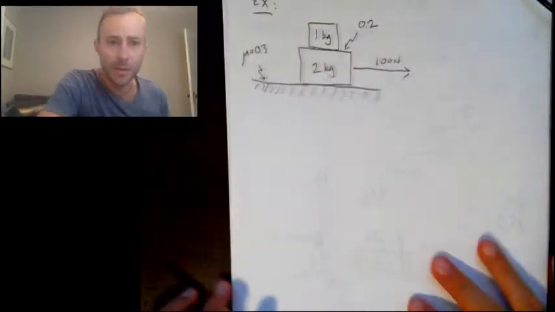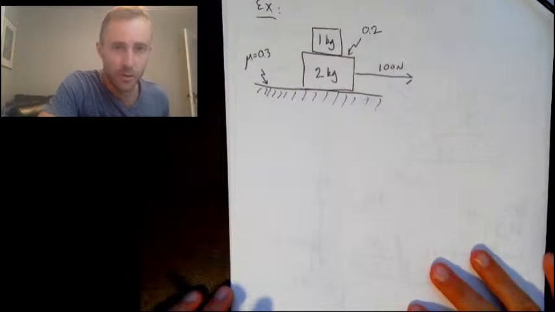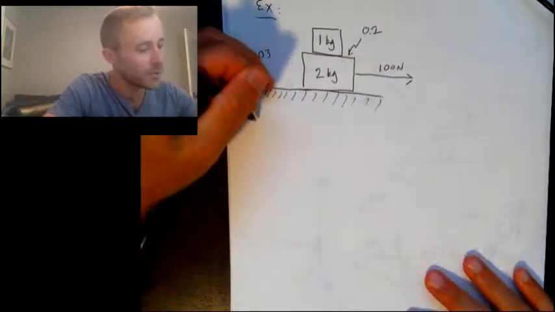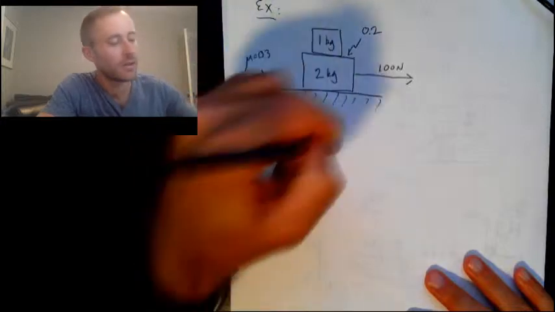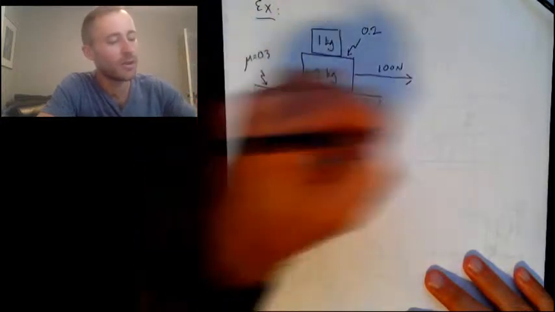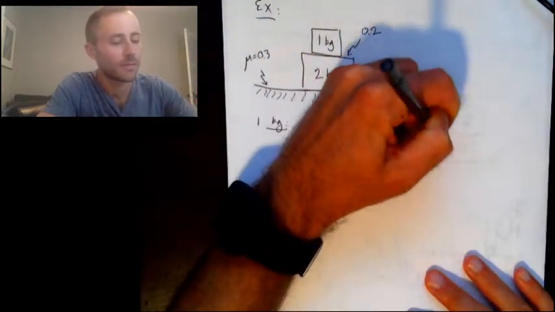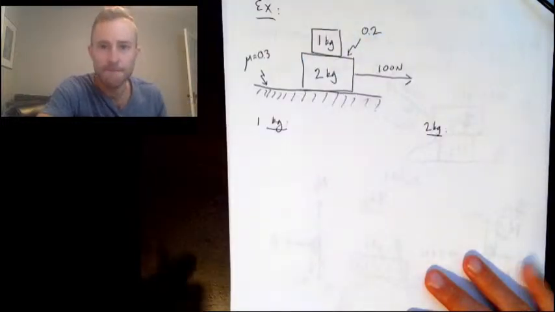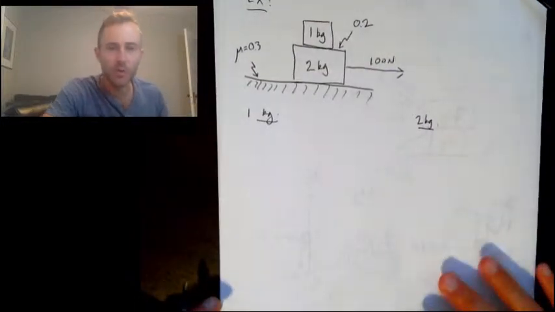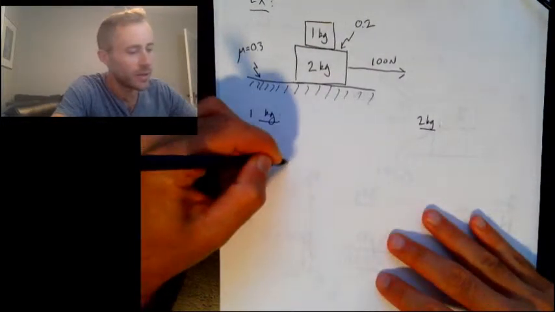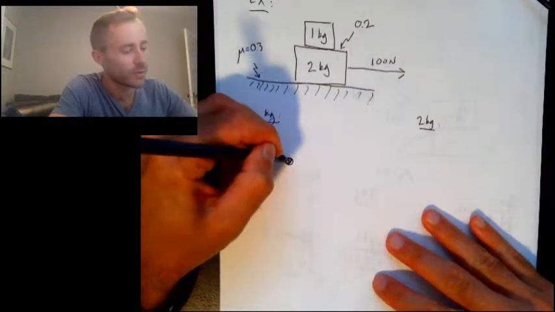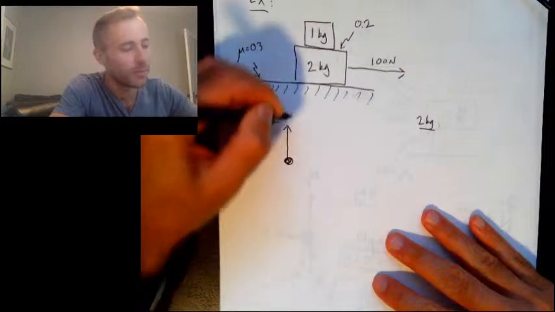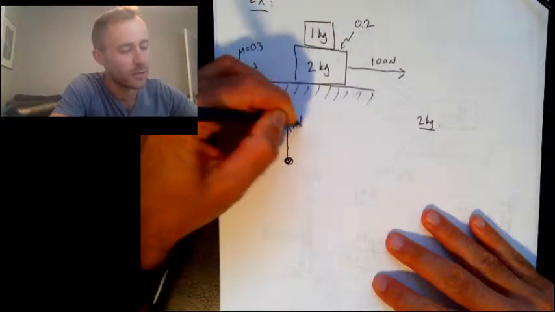I'm going to start off with drawing a free body diagram for the 1 kilogram object and for the 2 kilogram object. Okay. So for the 1 kilogram object, it has a normal force from between the blocks, N sub BB.